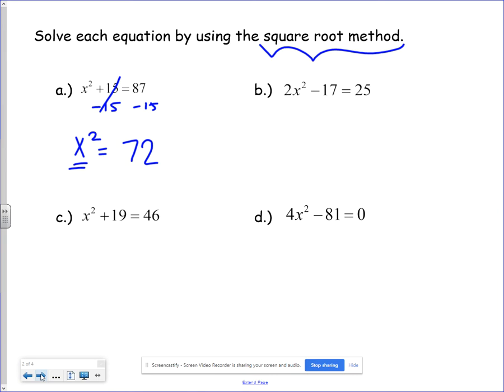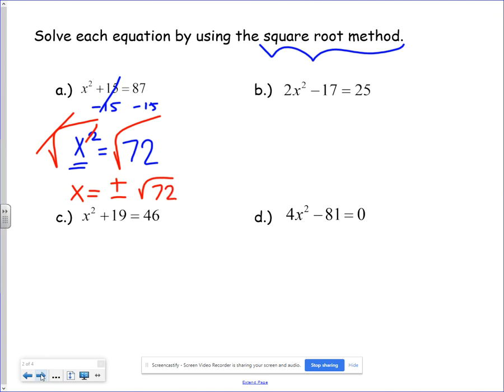What you want to do now is take the square root of both sides. The square root of x squared cancels out and you just get x. Now it's important that you remember to do this. When you use the square root method, you've got to put plus and minus on your answer. So x is equal to plus or minus the square root of 72.